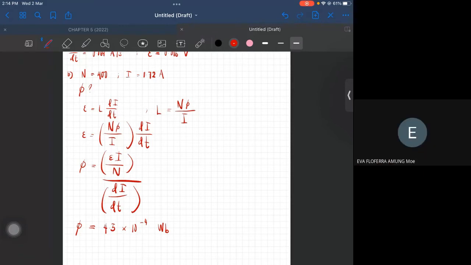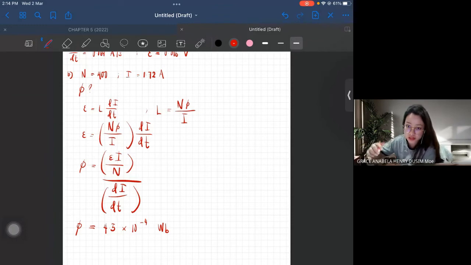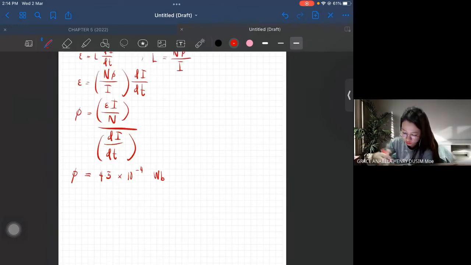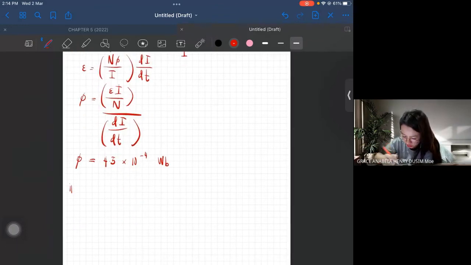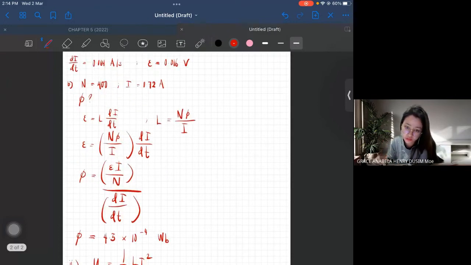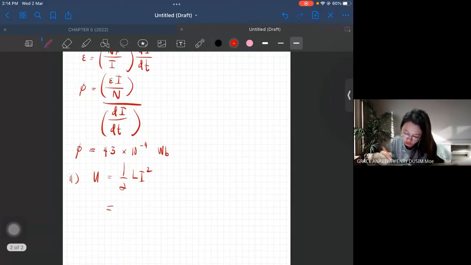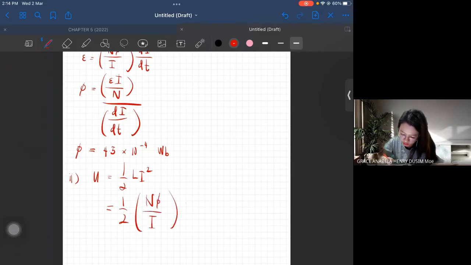Okay? And then question Roman 2, they just ask to find the energy stored. Energy stored is half L I square. So do you have L? L you calculate from question A, the 3E. So this is N V over I square.